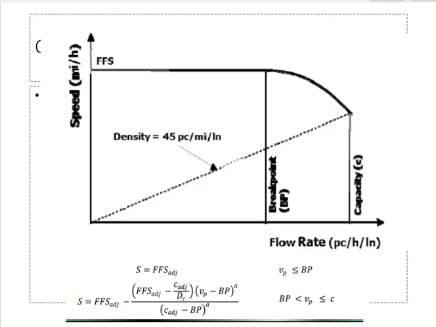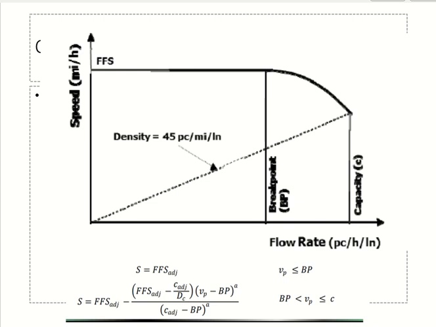We are trying to make this curve, and we know the curve exists between breakpoint and capacity. So between these two you will try different values. These values will give you S. What is S? My Y value. What is your X? The values you are trying here. So VP is your X value and S is your Y value.